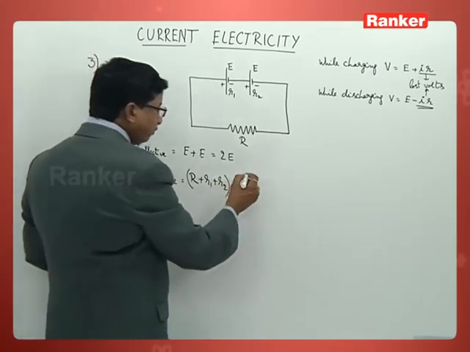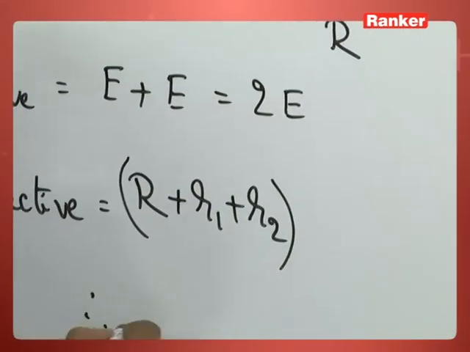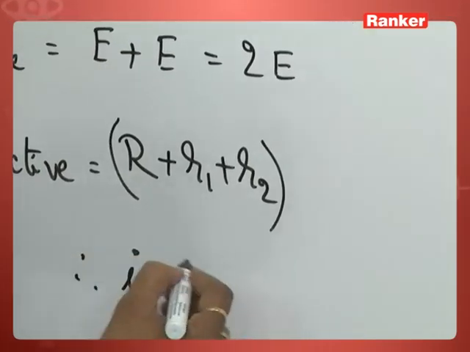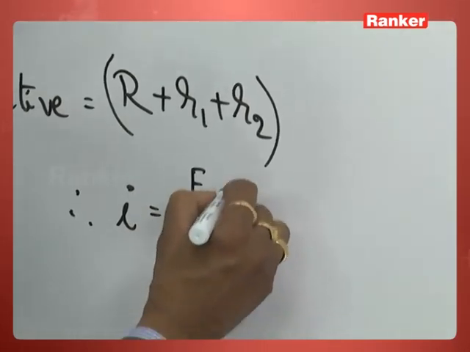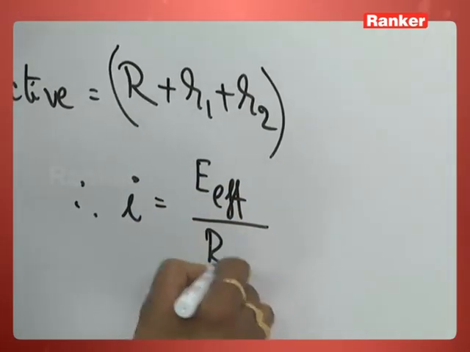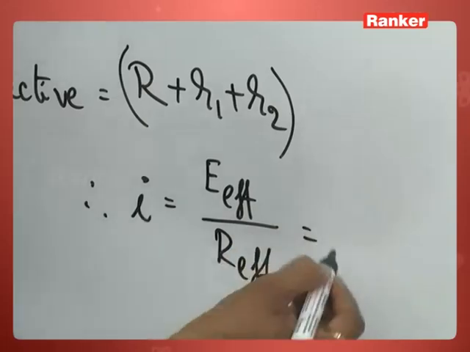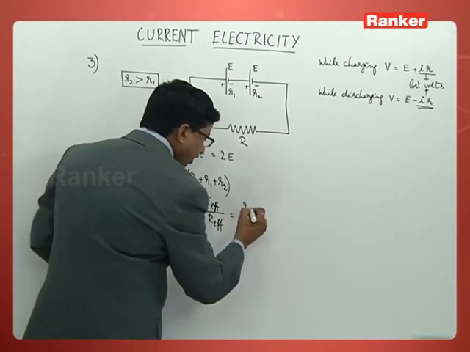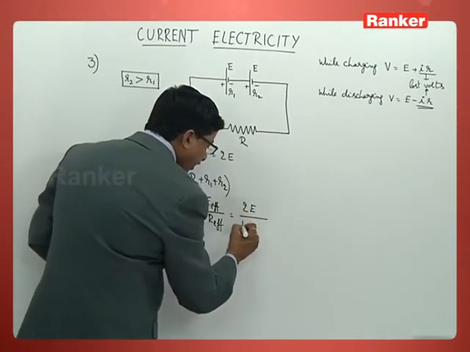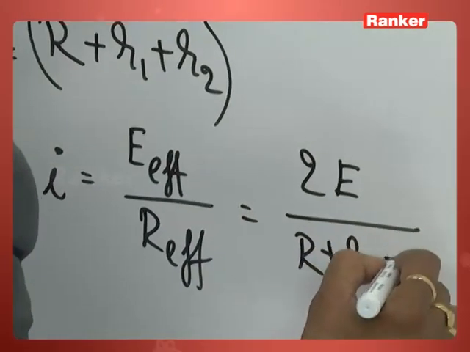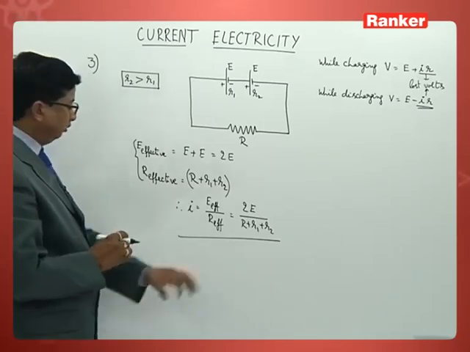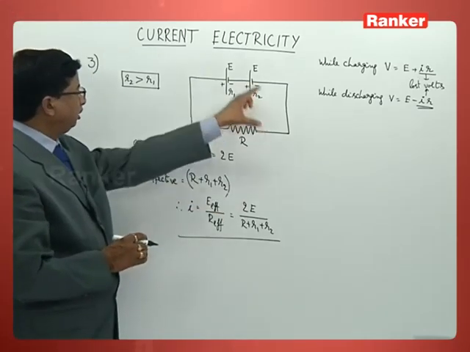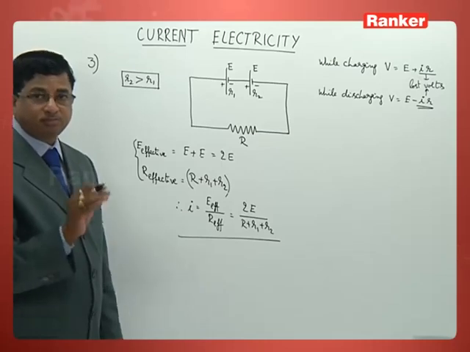Then taking these two, what will be the current? Current I is equal to E effective by R effective, so we can write 2E by R plus R1 plus R2.